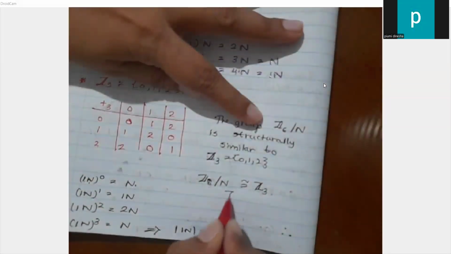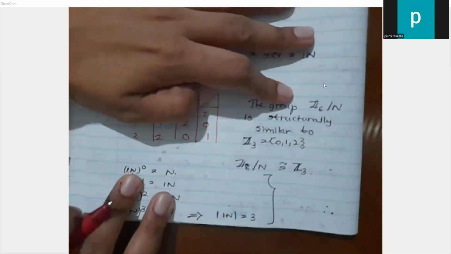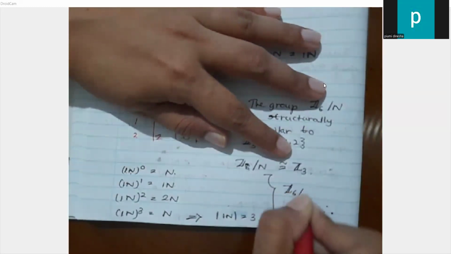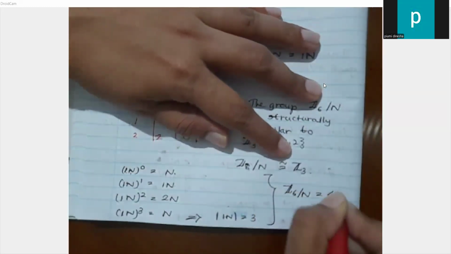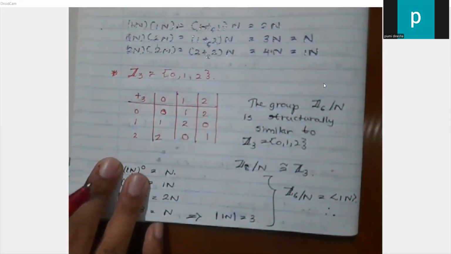And corresponding to 1, we have 1n, which also generates this given quotient group, right? So from this, we see that this quotient is generated by 1n. It's a cyclic group, right?